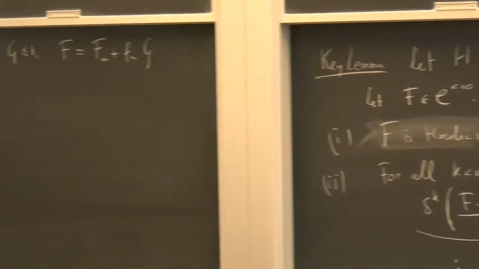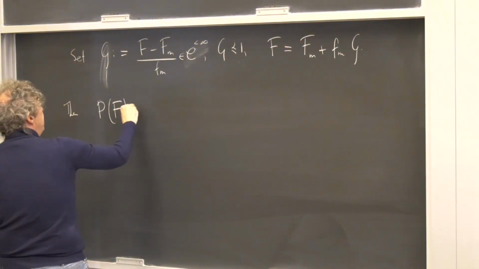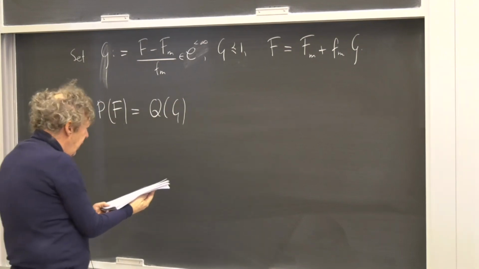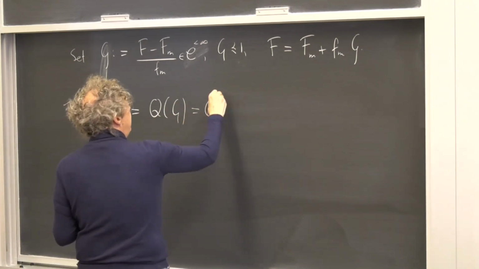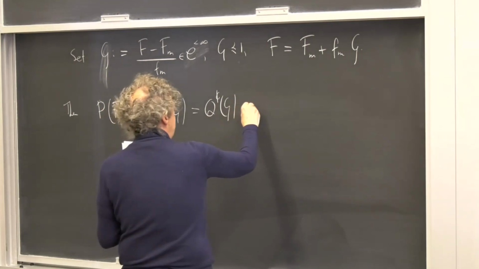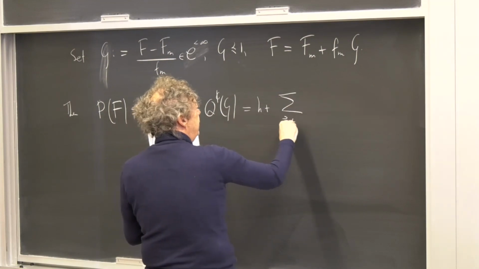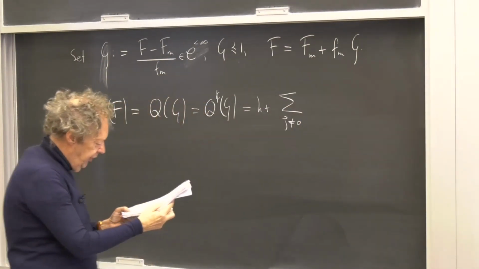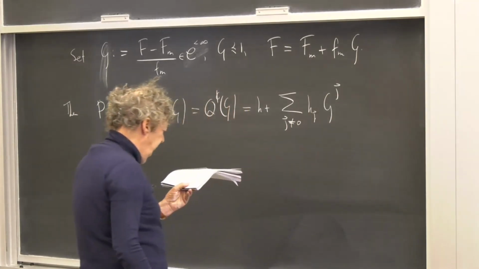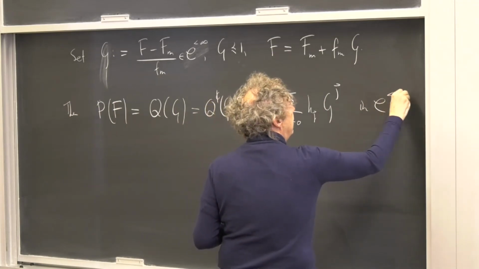So P of F is the same as Q of G. And of course, Q of G is the same as Q phi of G. But Q phi of G, we know, is H plus the sum over all these tuples J different from 0 of H_J times G to the J, in C less than infinity.